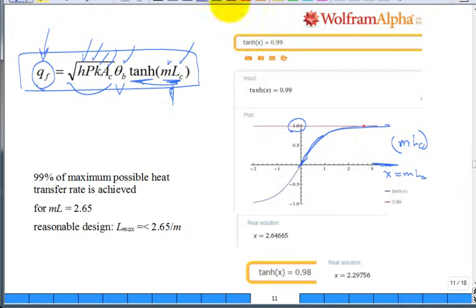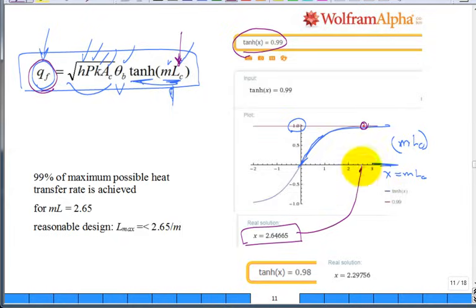So if you continue to extend and make your physical fin longer and longer and longer, you won't necessarily get more watts into the fluid, from the surface into the fluid. So you say, well, how long is long enough? Well, if you wanted to move 99%, you put in hyperbolic tangent x equal to 0.99 and let it solve for it, you'll find that this comes in around 2.65.